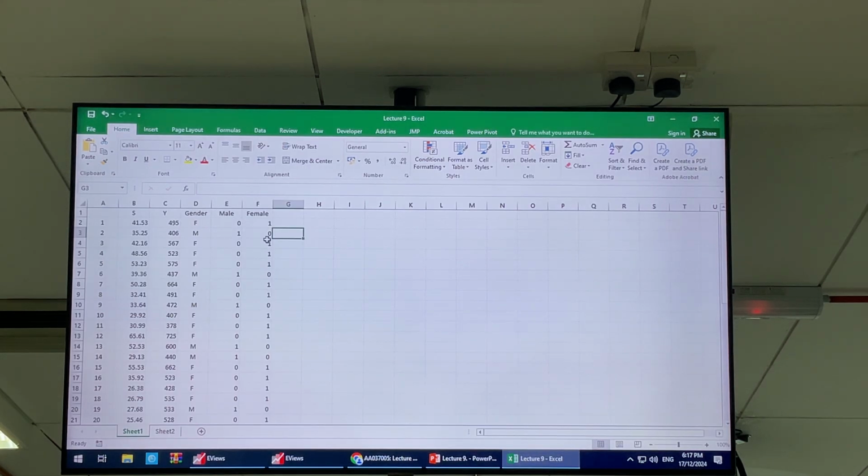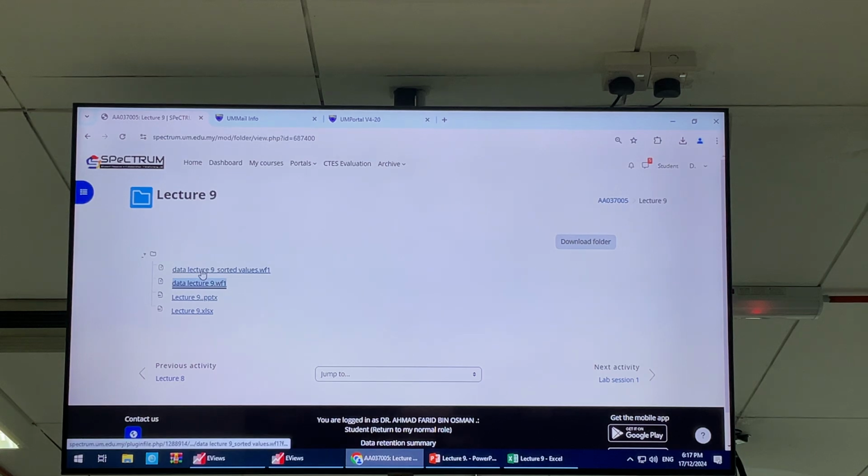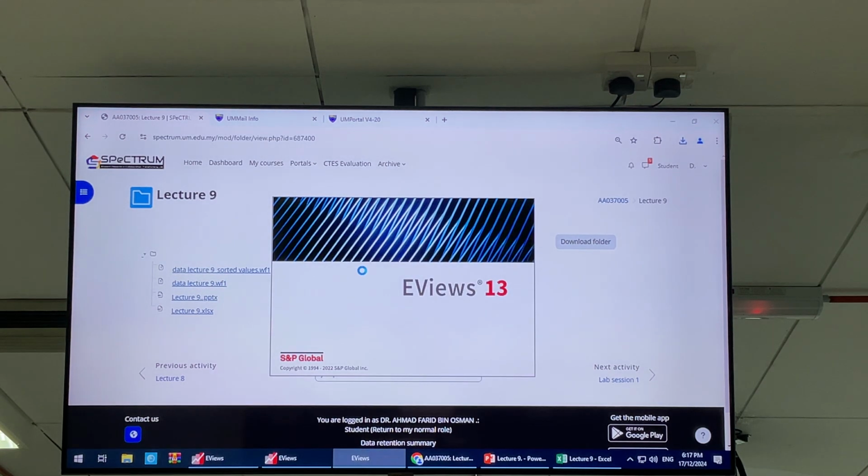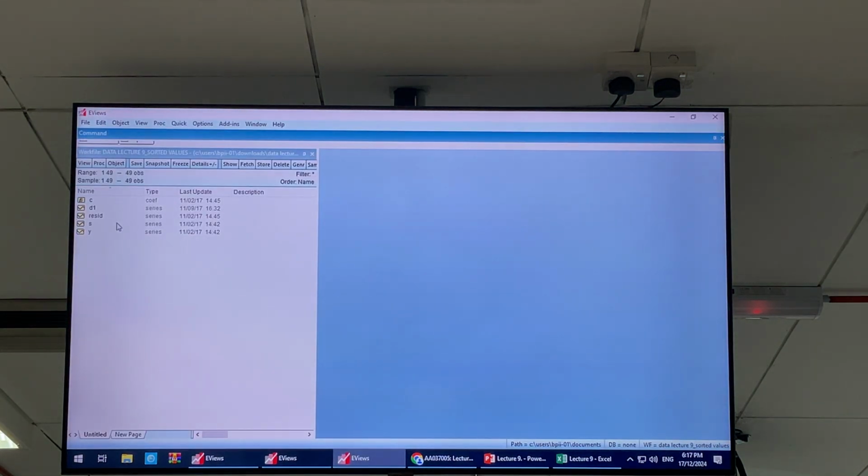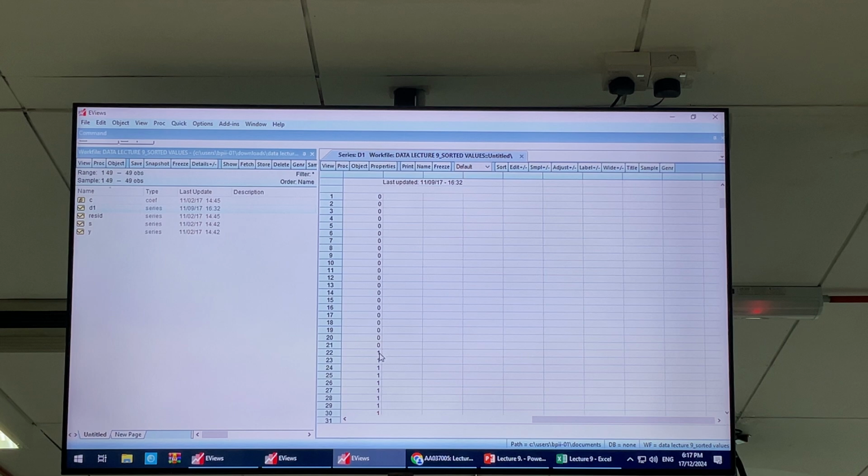Let's say you have to split the data into two now. So this one I just sorted the data, male first and then followed by female. We have the data given here, data sorted. The first 21 observations are for male, and the rest for female. Okay. So using the second data set, you can estimate models separately for male and female.